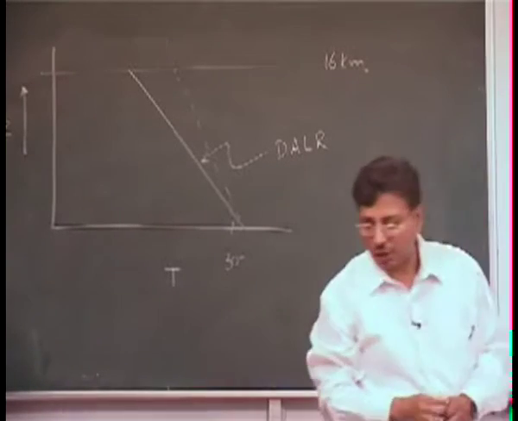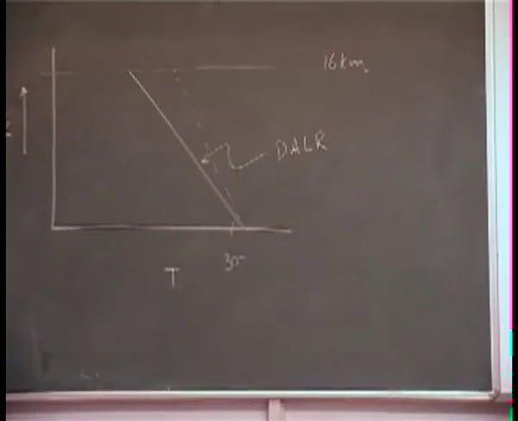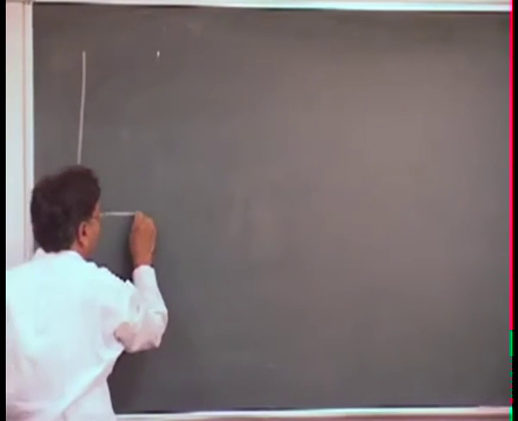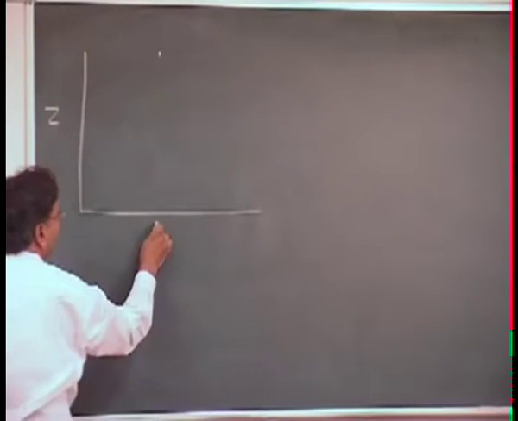So we'll remember these things about the lapse rate business, and we'll use it several times. Since we have the time, we'll plot a few things. Same Z here and T here.